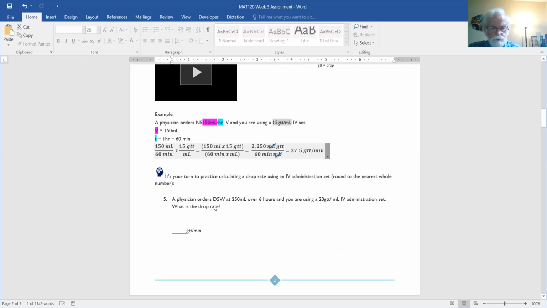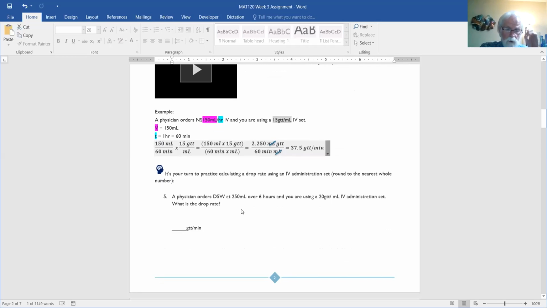Okay, so here's another example. Dextrose 5% in water, 250 milliliters over 6 hours using a 20 drop per milliliter set. That tells us, again, that we're doing these drop factor, drop rate calculations. So what's the drop rate?